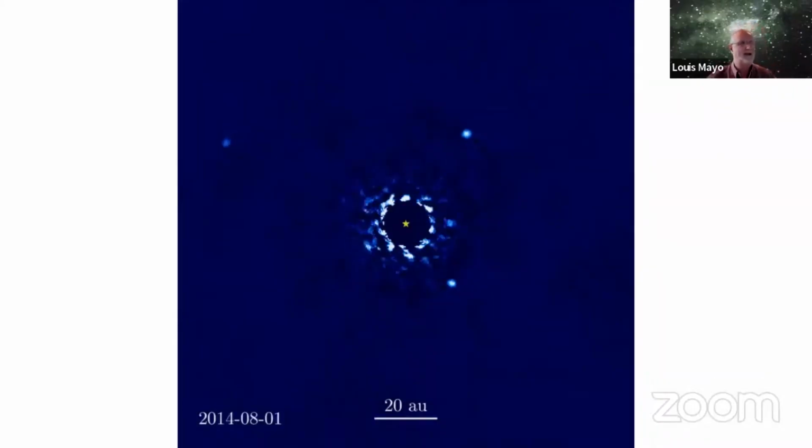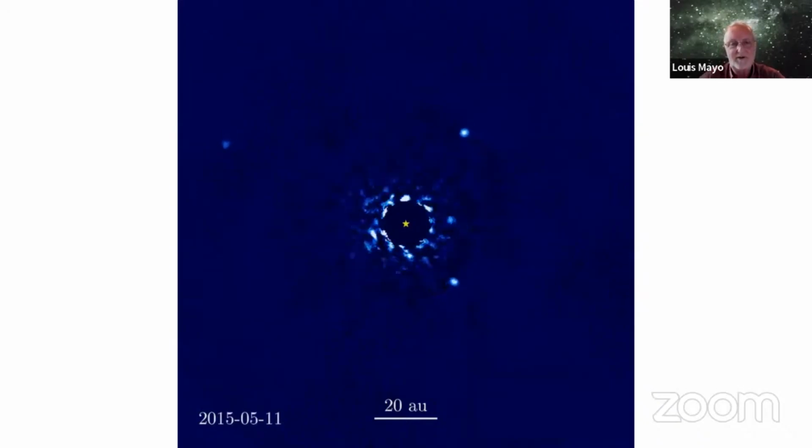Here's another kind of time series of multiple planets around a star. These are 7 images of the star HR 8799 system. And you can see at least 3 of the planets, actually 4 if you go out to the upper right, orbiting very clearly. These images were taken from the Keck Observatory over a period of 7 years.